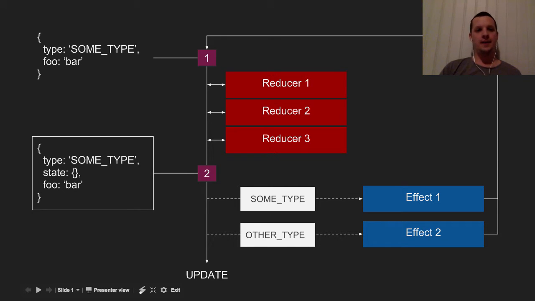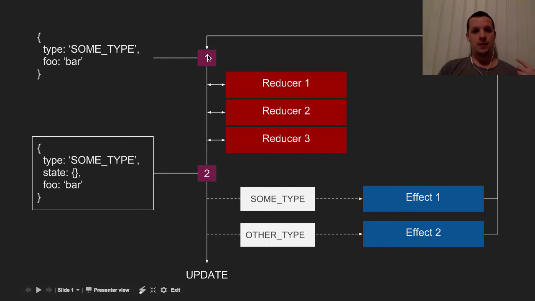So the idea here is that if you're familiar with Redux or Elm for that matter, it's based on firing off some kind of action. And this action has a type and it can have a payload. So up on the left here, we have an action being dispatched into the application and it has some type. And the payload is foobar.